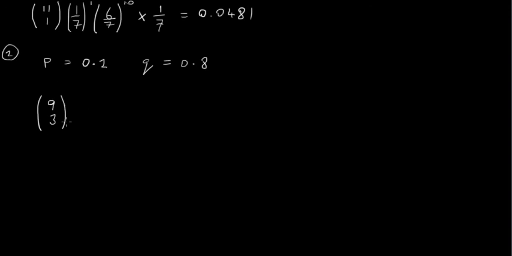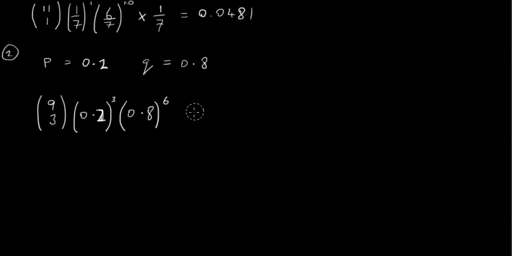So we have 9 choose 3 first of all, then we have 0.2, my fault, it looks like a 1 up here, it's actually a 2. That's going to be to the power of r, which is 3, and then we've got 0.8, which is the probability of failure, q, and that's going to be to the power of 9 minus 3, so 6.